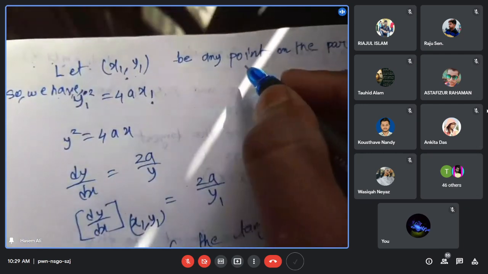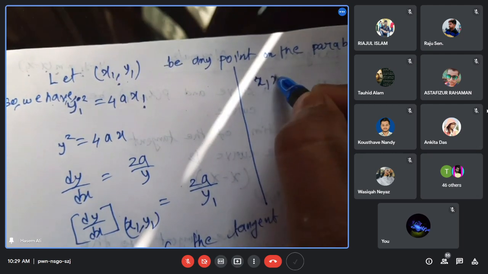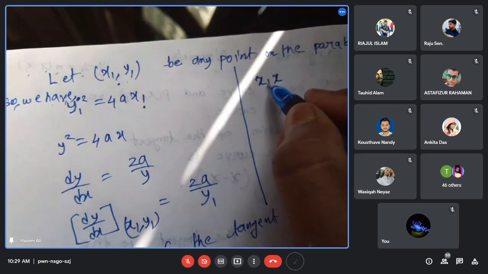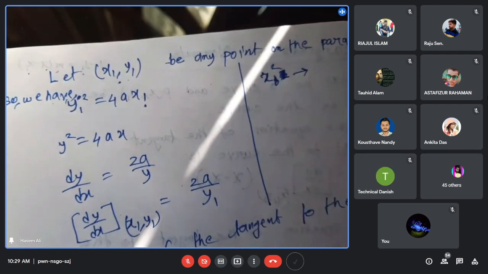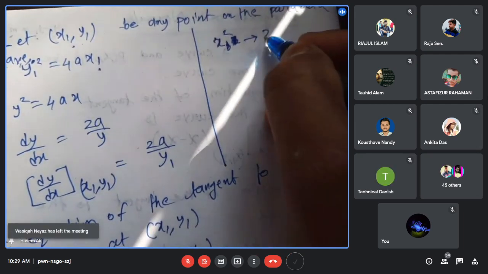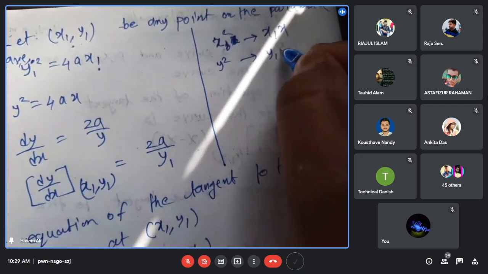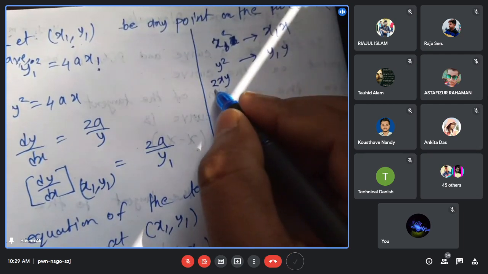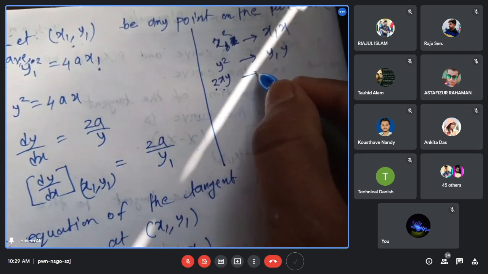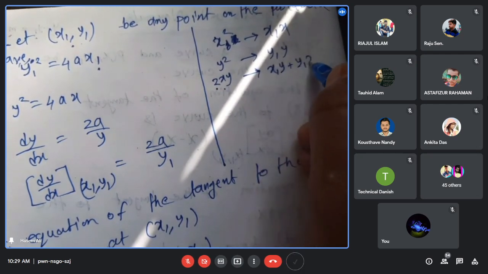That means just put x1x for x square, and y1y for y square. For 2xy, mind it, not only xy, it will be x1y plus y1x.